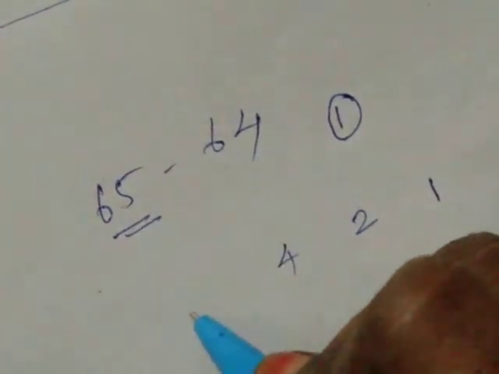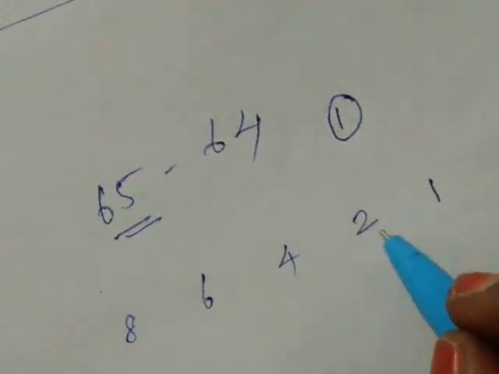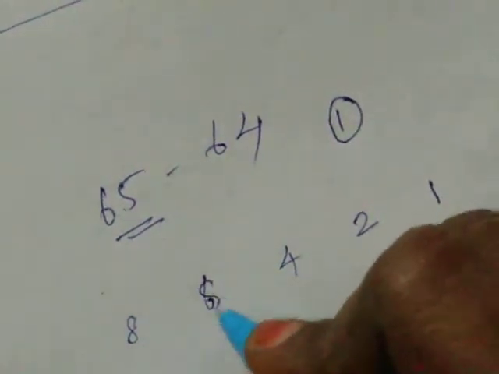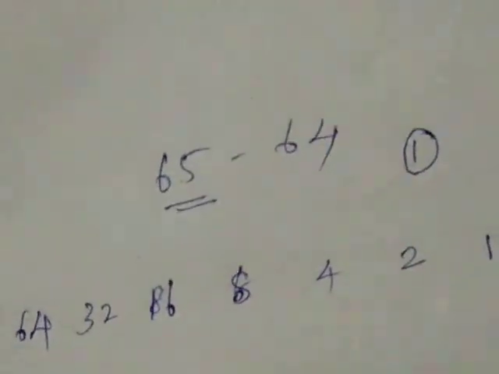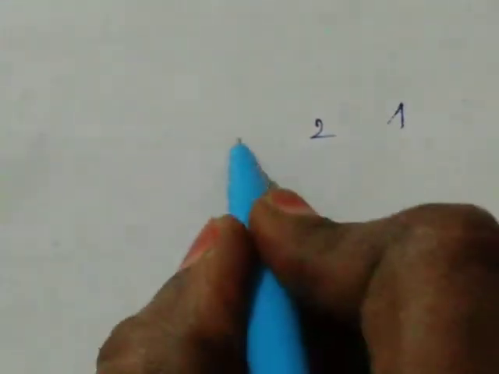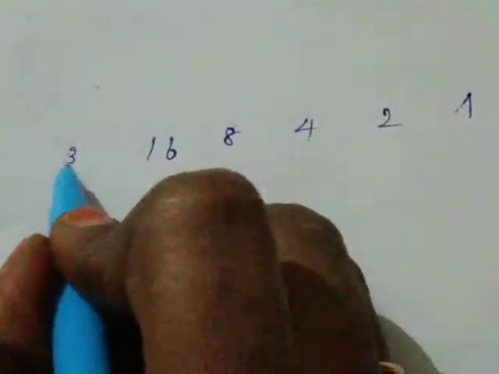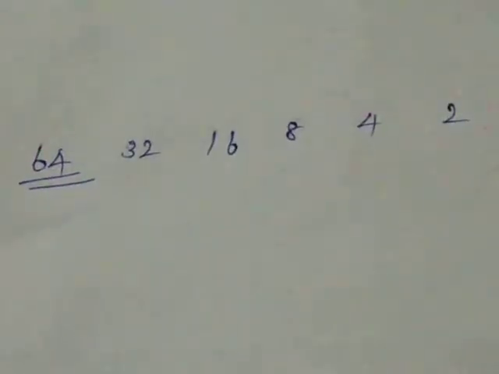After that, we write the powers like this: 1, 2, 4, 8, 16, 32 and then 64. So this is the list of powers of 2 up to the largest one that fits in 65.